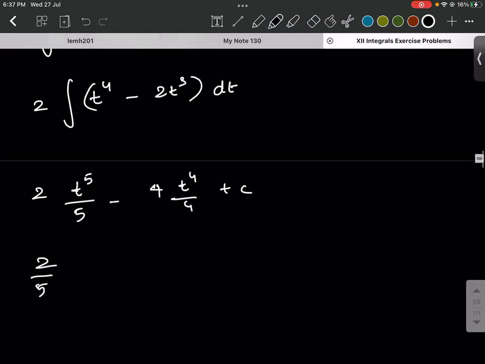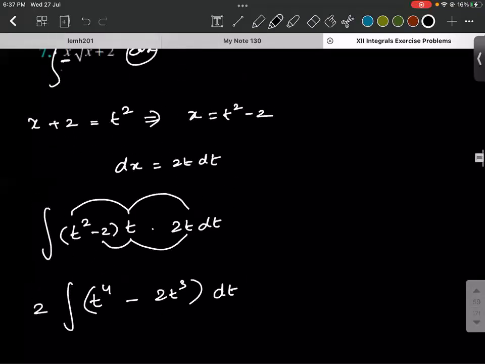So 2 by 5 into t power 5, where t is root of x plus 2. So x plus 2 the whole power 5 by 2.